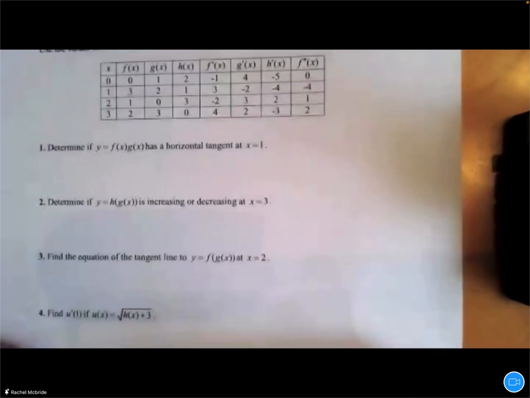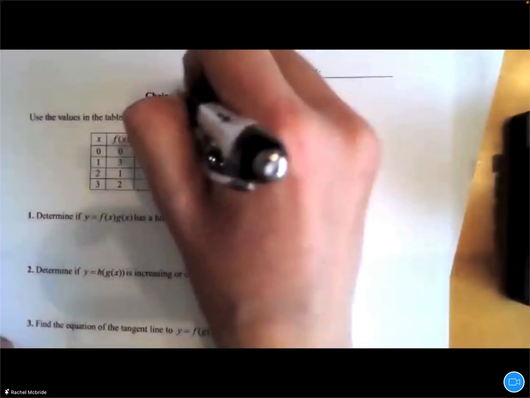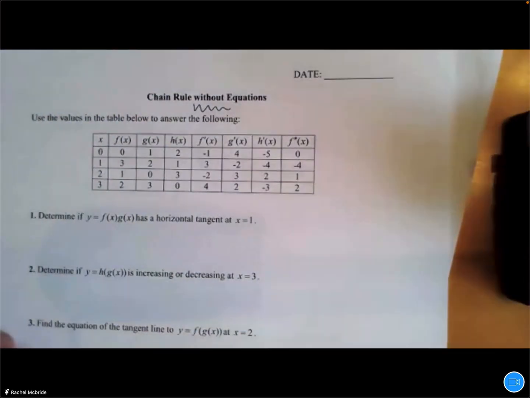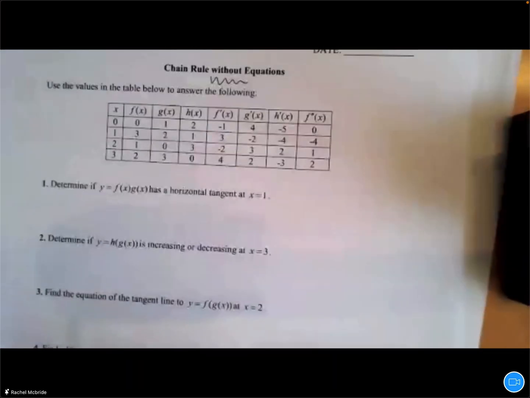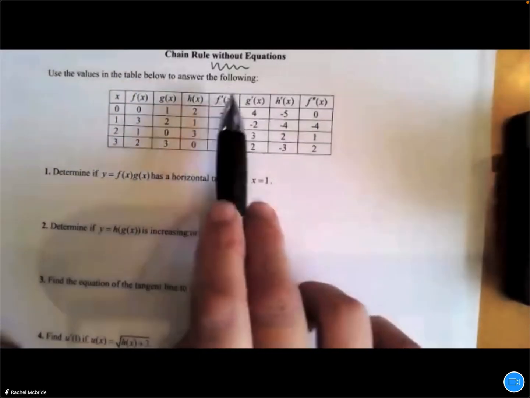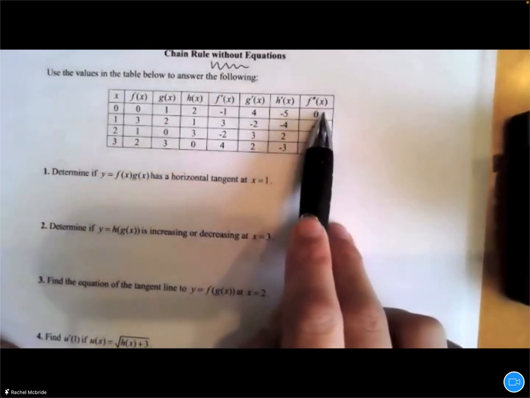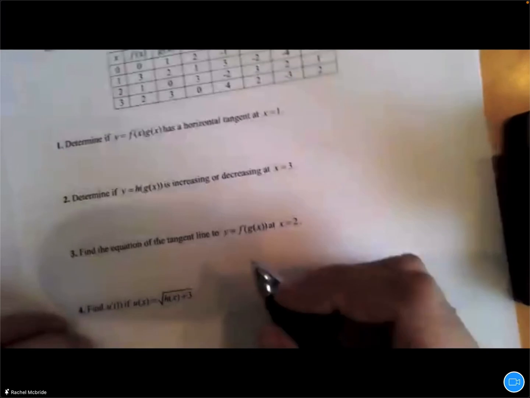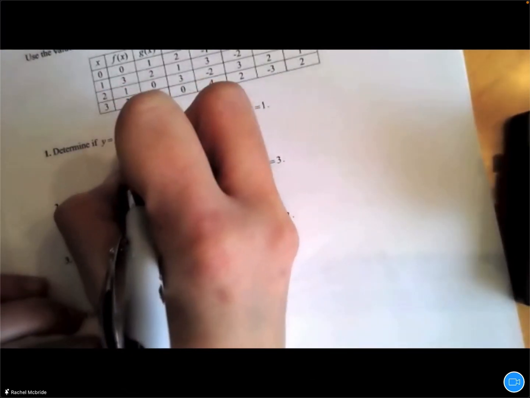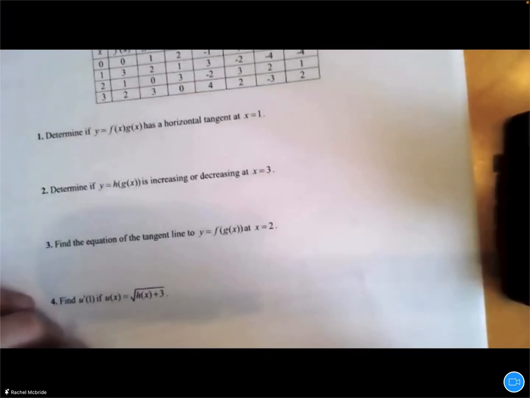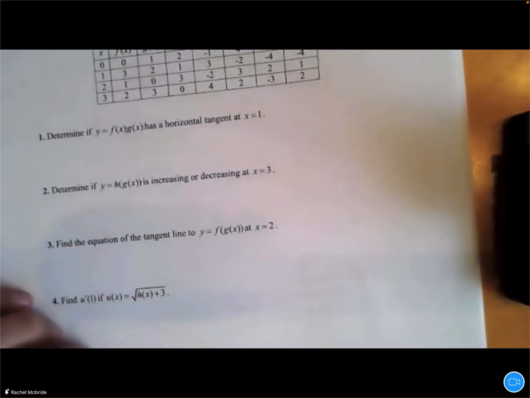And then I just want to look at one more example, this time without equations. So we're going back to a table, and this table is a little trickier because now we have f, g, h, and f prime, g prime, h prime, and f double prime. So it says if y equals f of x times g of x has a horizontal tangent at x equals 1.